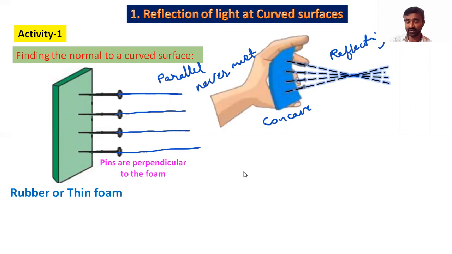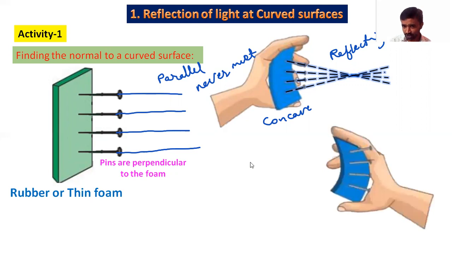Then I am going to bend in the opposite direction now. Look here. Now it is exactly opposite to the previous one, or not? Yes. Here, which mirror can you imagine with this? This is the reflecting surface.